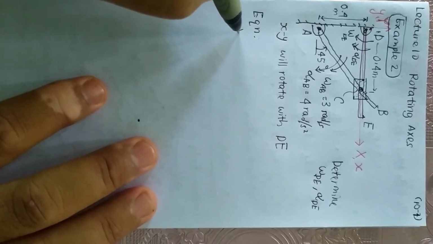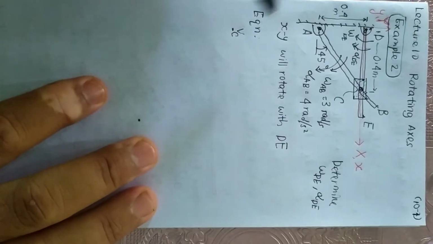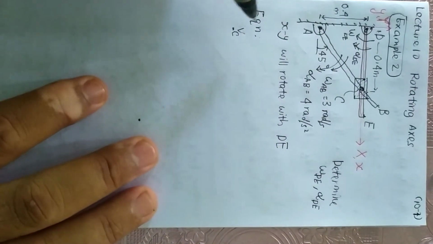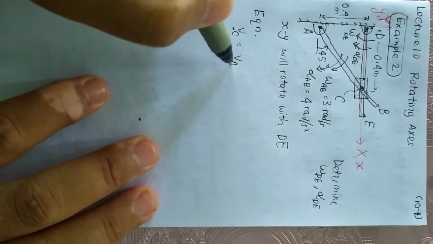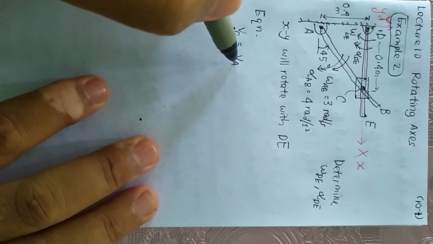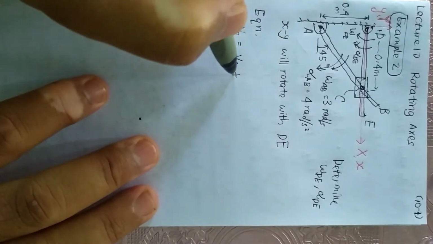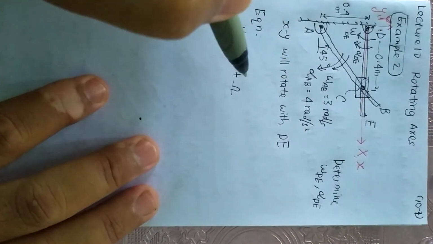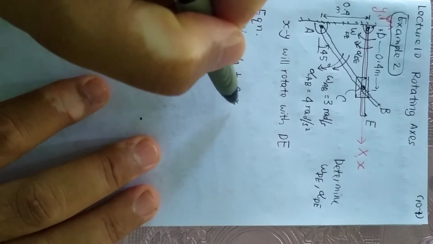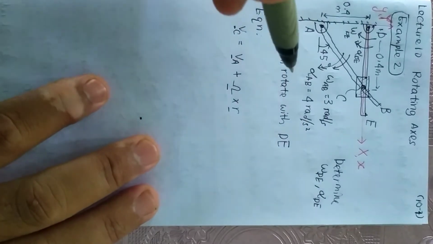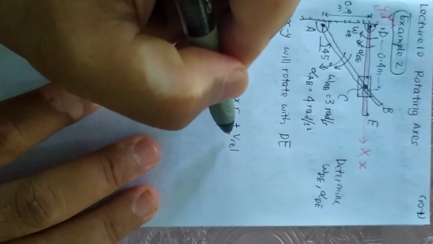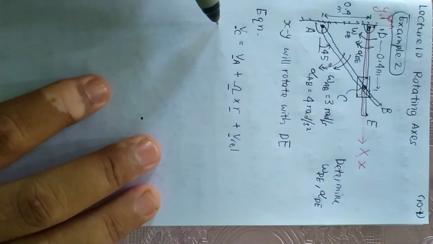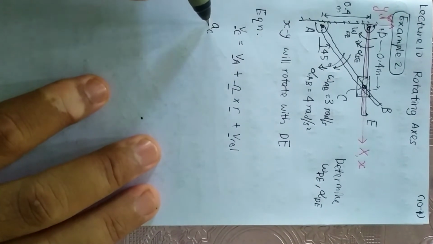So V of C, the velocity of C, is equivalent to V of A, where A is the origin, plus omega cross R, using the inertial formula, and V relative. And there's another equation, which is the acceleration.